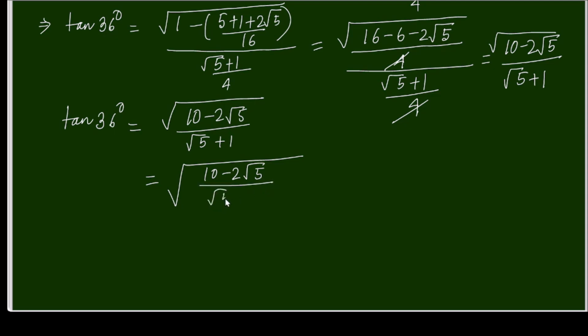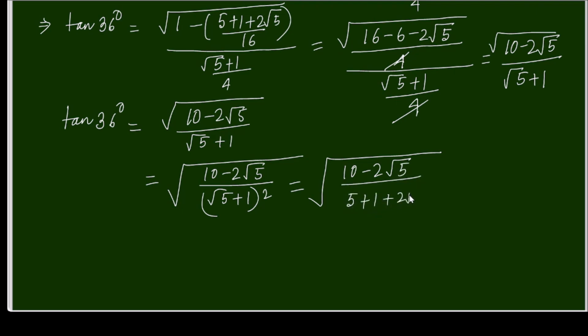So it will be root 5 plus 1 whole square. So it will be square root of 10 minus 2 root 5 over 5 plus 1 plus 2 root 5, or this will be square root of 10 minus 2 root 5 over 6 plus 2 root 5.